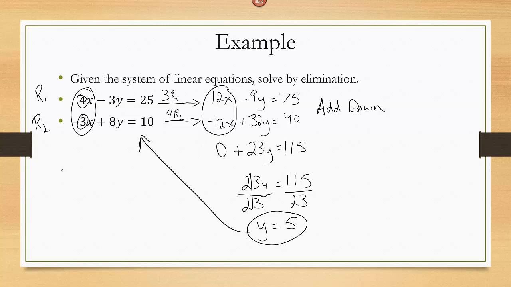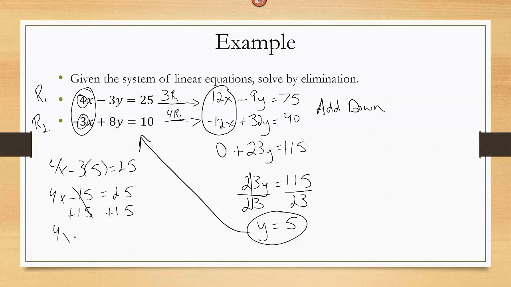So we're going to have 4x minus 3 times 5 equals 25. So then we'll have 4x minus 5 times 3 is 15 equals 25. We want x by itself, so we can solve for x. And we have minus 15, so the opposite of subtraction is addition, so add 15 to both sides. So the 15's cancel.